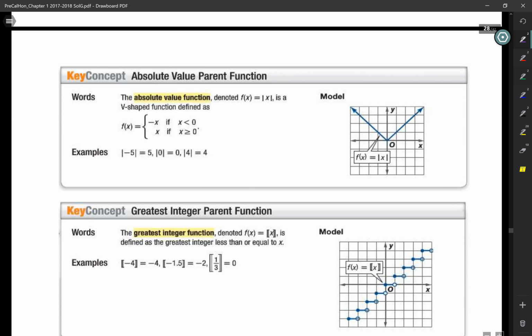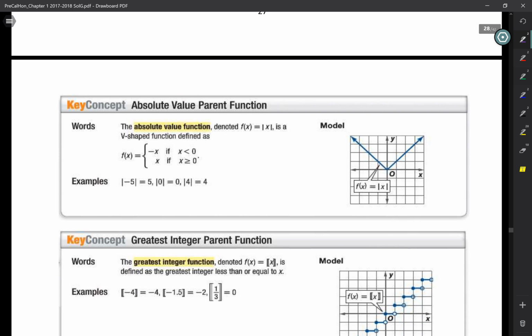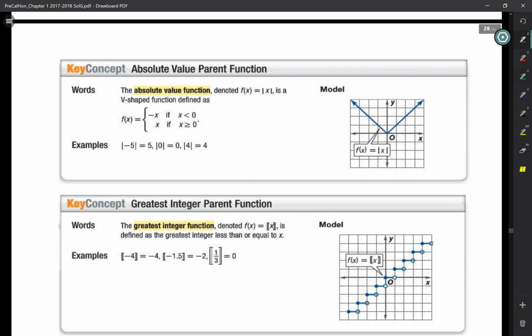Okay. Let's move on. Absolute value. Absolute value looks like this. Is there an x value that will never work in this equation?